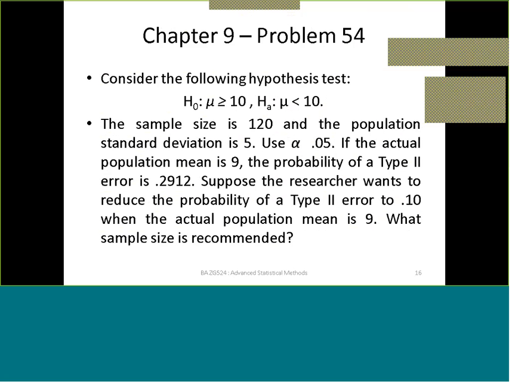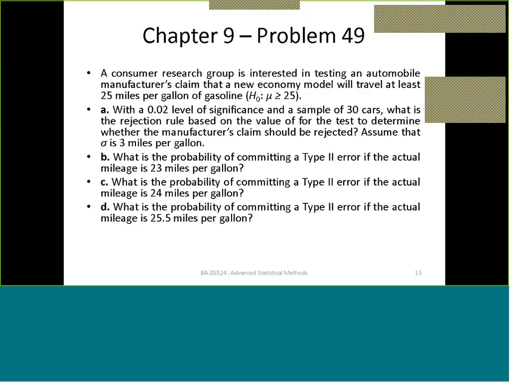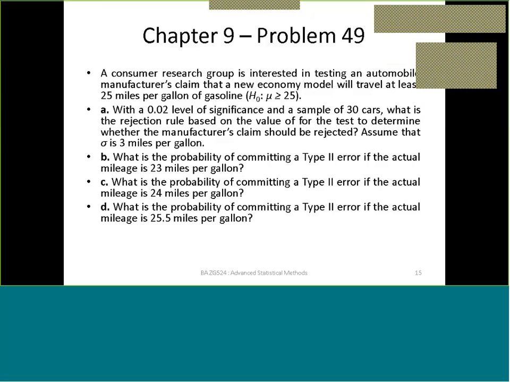So this is your mu A. Like that you have to identify. Similarly, in this problem, in question B, actual mileage is 23. Anyhow, 23 is coming under HA, but a particular mu A I have defined here is 23. Understood? Any other queries?